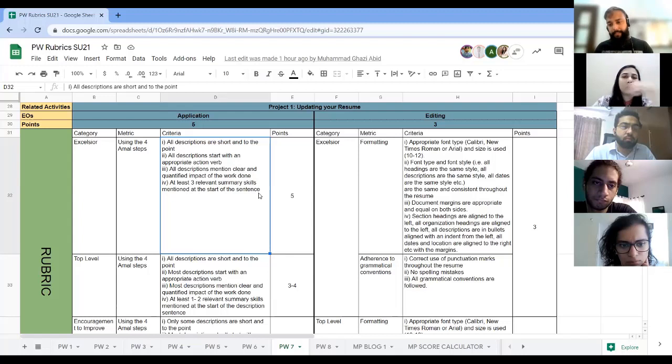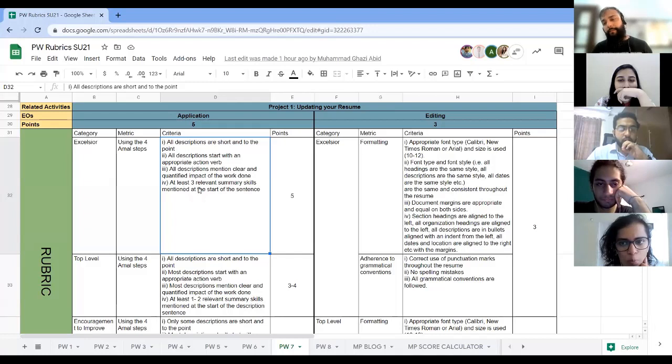If you come across a resume that has all of these things in perfection, like none of the descriptions were too long or elaborate, maybe three sentences at most, and all the descriptions started with an appropriate action verb, all of the descriptions were clear, they mentioned the impact, they quantified things, and there were at least three summary skills used, then you will score that resume a 5 out of 5 in application.